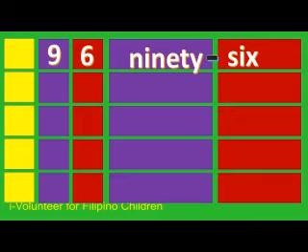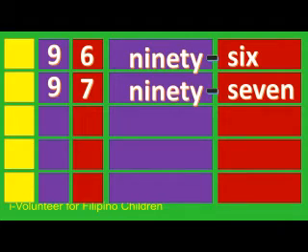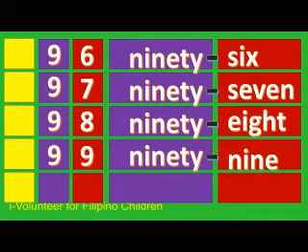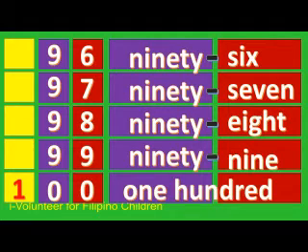Pero naisip mo ba kung papaano natin isusulat pag ito ay nakaabot sa 100 o 100? Let's demonstrate. Let's start with 96, 97, 98, 99, and a 3-digit number 100.